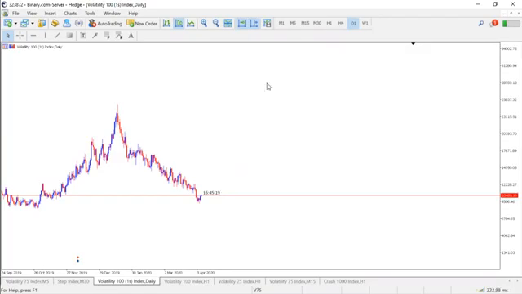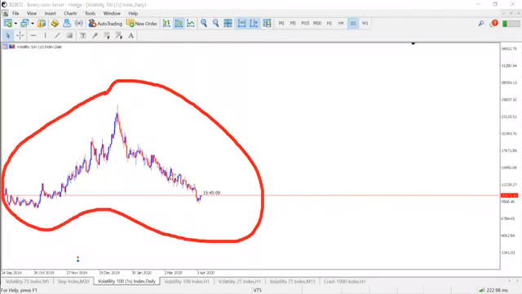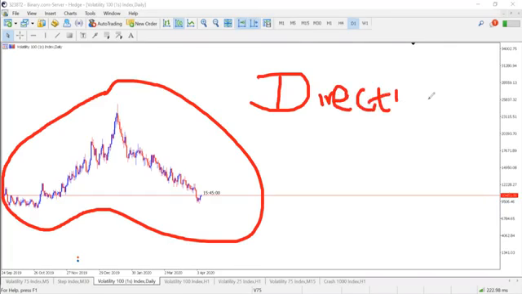One thing for sure, we can see that price is not clear, but we can read whatever is happening here. We can have the directional bias, right?